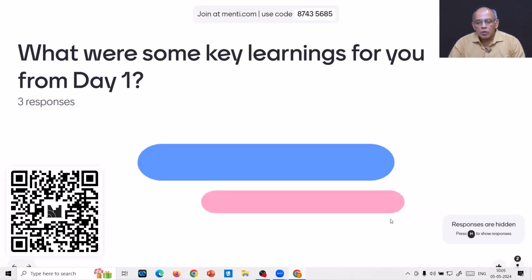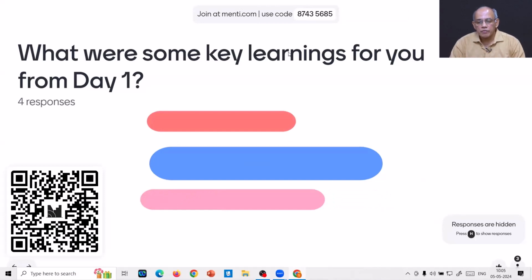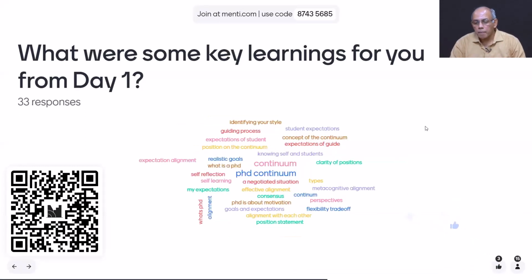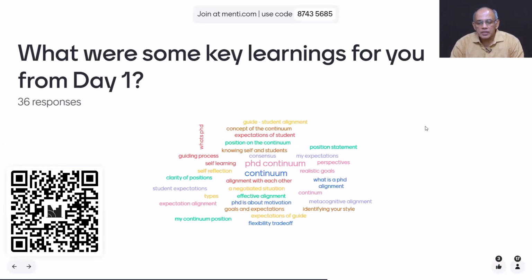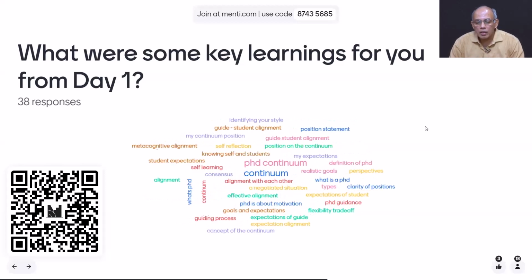Okay, if you need to see the code, it's right there on the top of the page, 87435685. Okay, now there are some responses. So a lot of people are saying student expectations, guiding process, PhD continuum. That seems to be a very key learning for many people.